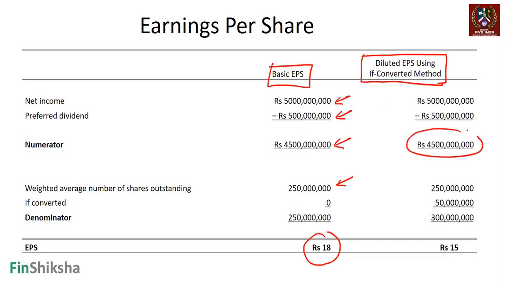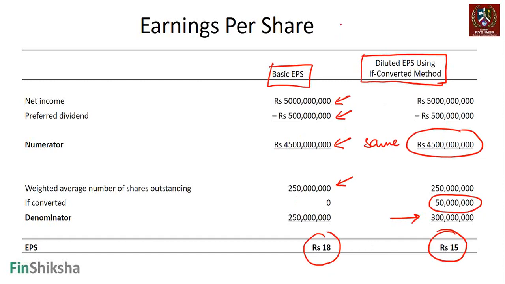Numerator remains the same, correct? But 1 crore convertible securities give you 5 crore new shares. That gives you the total shares at 30 crore. And when you divide 450 crore by 30, your diluted EPS is rupees 15. Correct? That is basically how you would go about projecting what is the basic EPS, what is the diluted EPS.